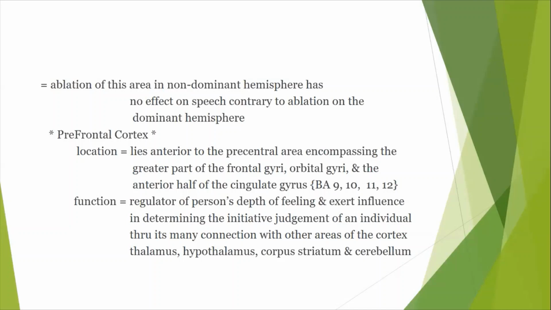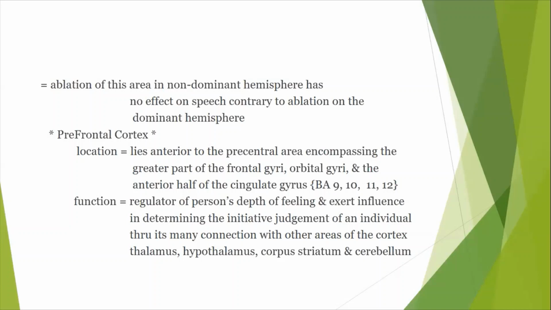Then you have the prefrontal cortex. This is located anterior to the precentral area, encompassing the greater part of the frontal gyri, orbital gyri, and the anterior half of the cingulate gyrus. So this is your Brodmann's area 9, 10, 11, 12.